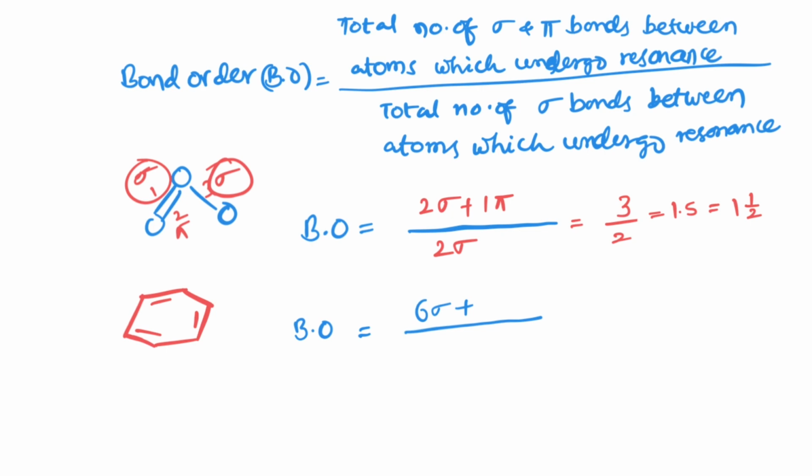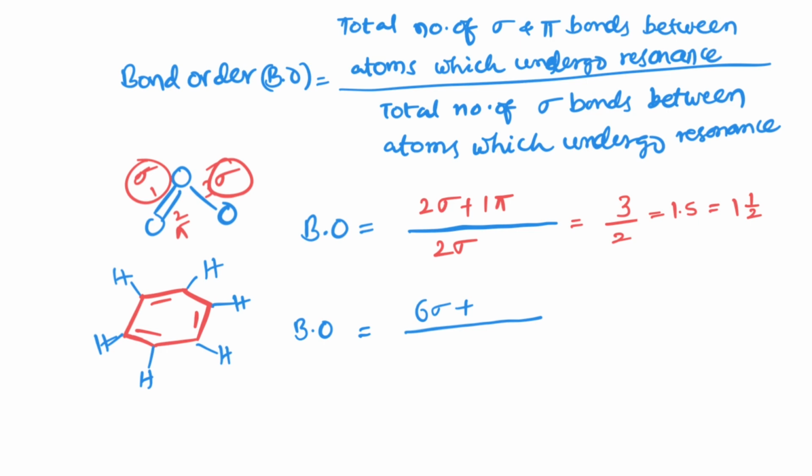Don't consider the hydrogen ones, because these sigma bonds are not in the resonance structure between the atoms. Only the carbon atoms' electrons are delocalized, through the pi bonds, not sigma, but we consider sigma in the formula.